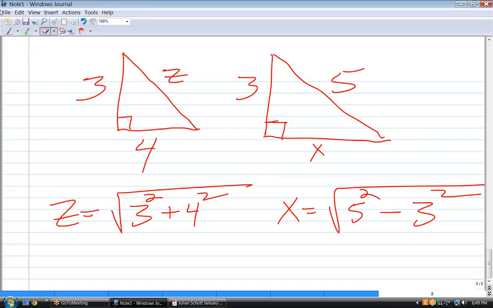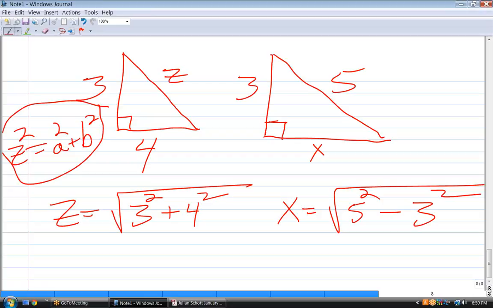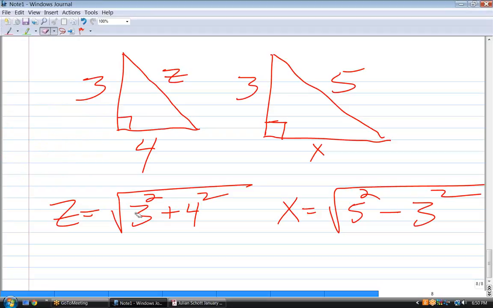Well, it's going to be a shame if you have to start from z squared equals a squared plus b squared. If you always have to start from the Pythagorean Theorem, it's going to take you an extra 30 seconds to solve each of those. So, if you can memorize this, it'll save you 30 seconds for each of those 6 problems.